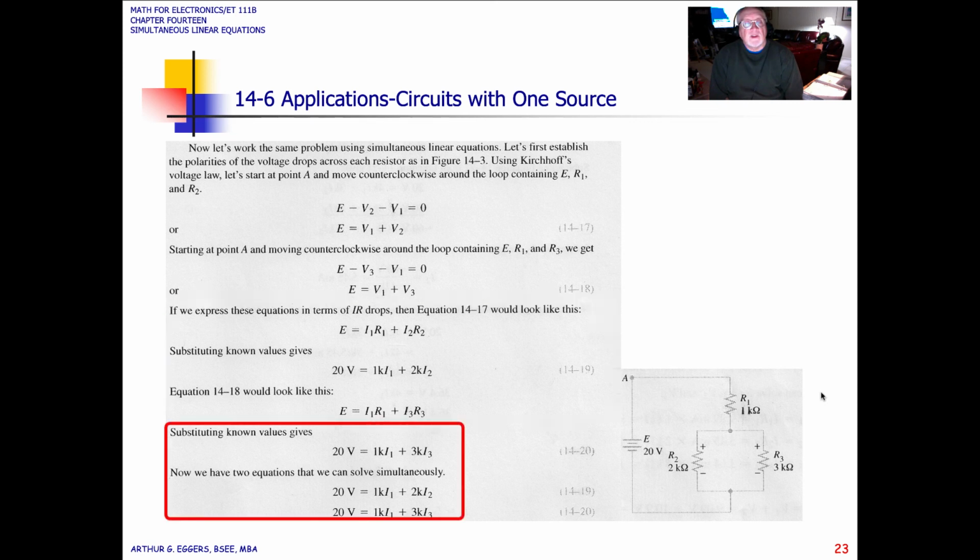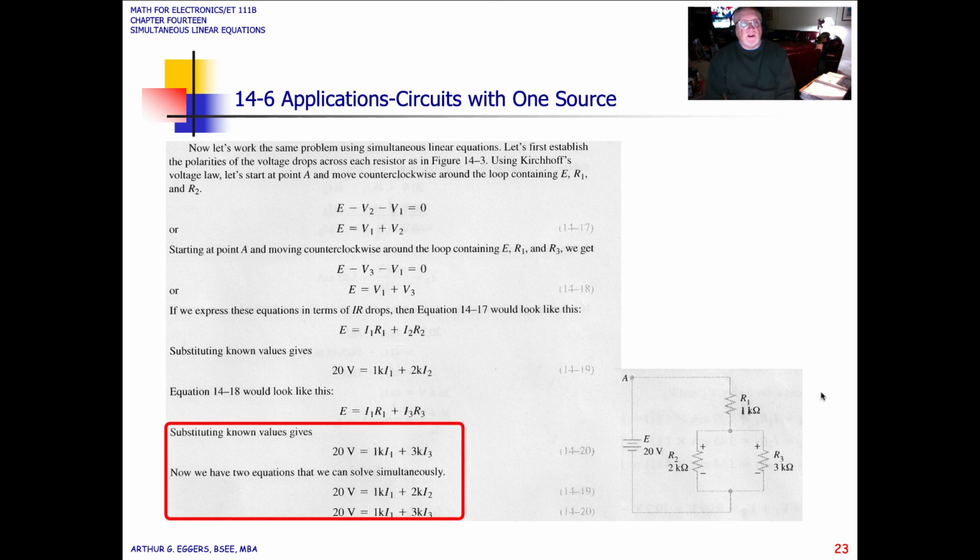Substituting our values then, 20 volts, our source, is equal to 1K times the current I1 plus 2K times the current I2. So the equation for the voltage source and voltage drops 1 and 3 becomes E is equal to I1R1 plus I3R3.